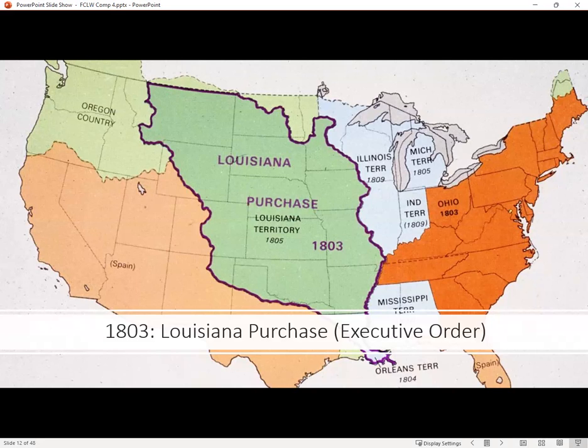So this becomes a landmark case, and it's kind of surprising because Jefferson was an anti-federalist, and here he is taking a lot of power. So it did cause some controversy.